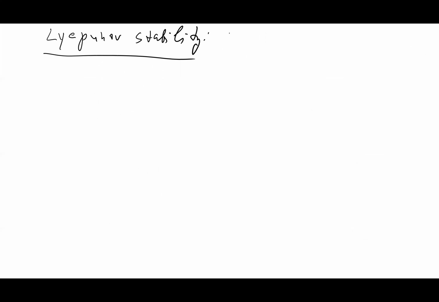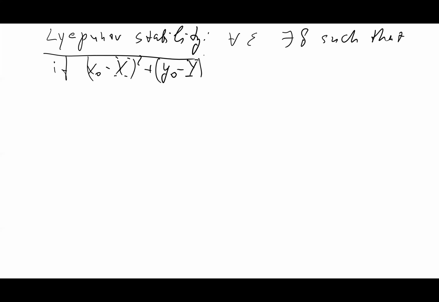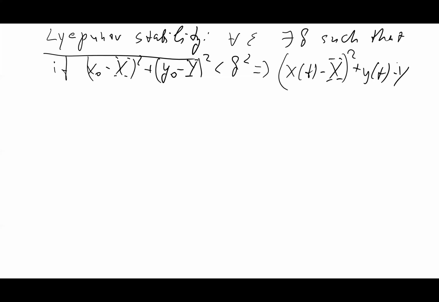So for any epsilon, there is delta such that if (x naught minus X capital) squared plus (y naught minus Y capital) squared is less than delta squared, from here it follows that (x of t minus X capital) squared plus (y of t minus Y capital) squared is less than, say, epsilon squared for any t.